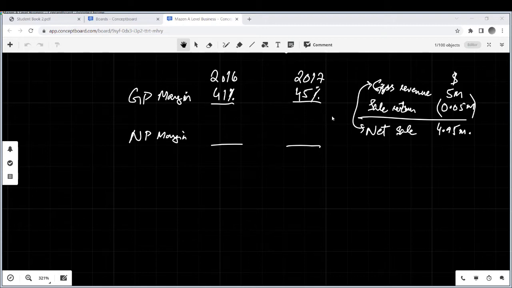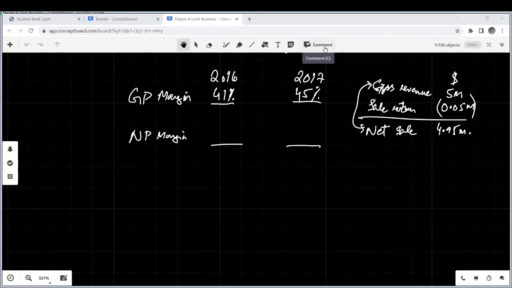It shows that a business can charge a higher price over its cost of goods sold, and that out of all the sales it makes, a good portion is gross profit. So having a higher gross profit margin is better for the business.